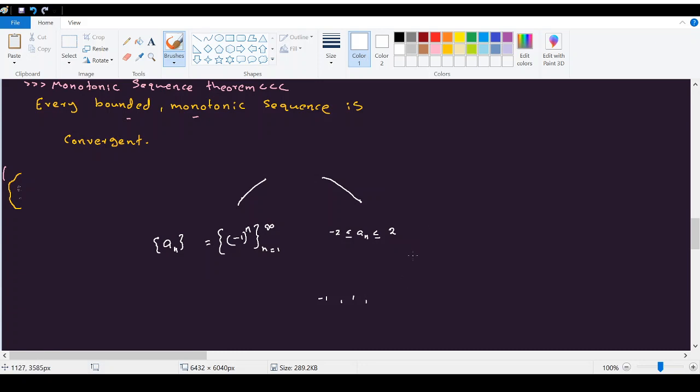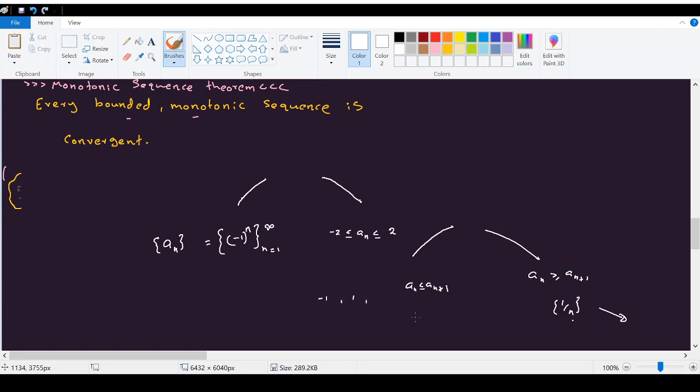So it does not have an increasing property or a decreasing property. If it has an increasing property, then an+1 should always be greater than an. And if it is decreasing, then an should always be greater than an+1. For example, take the 1 over n sequence. When n increases, the total value will be decreasing all the time.